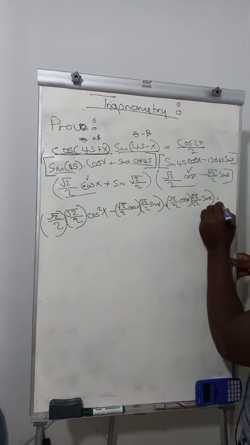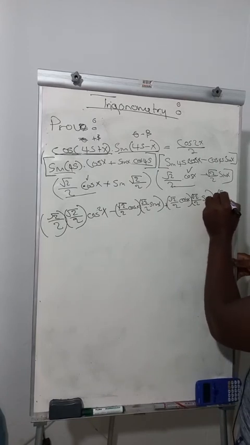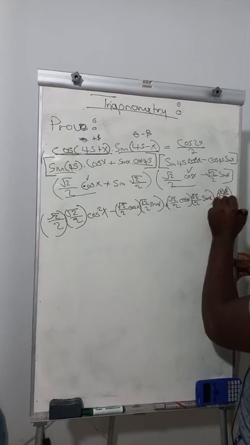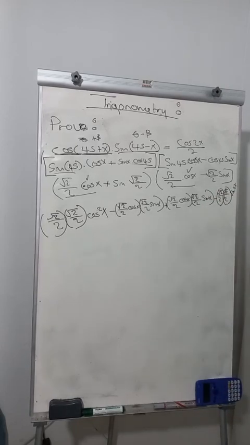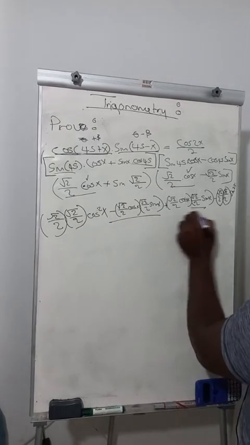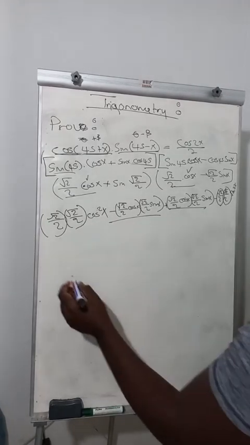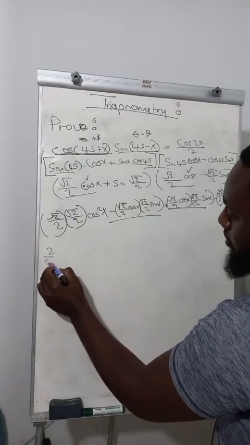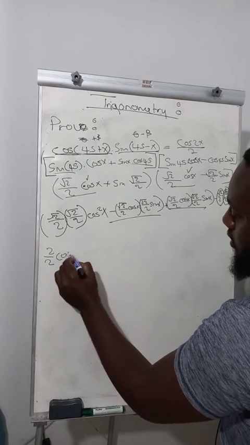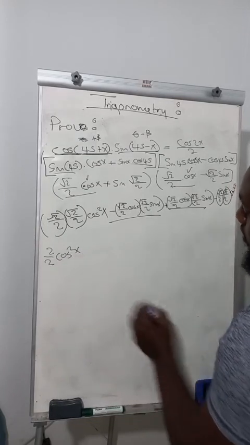You'll see that you'll get what? Minus the square root of 2, and then square root of 2 divided by 2, and then sine squared x. So you'll have something like this. Now, this and this will go out. So you'll be left with square root of 2 divided by 2, and then cos squared x.